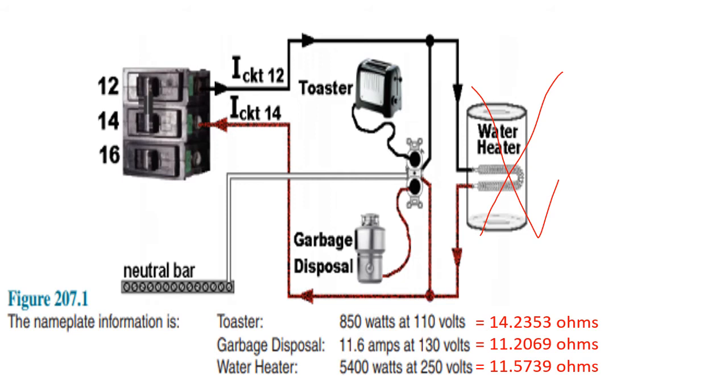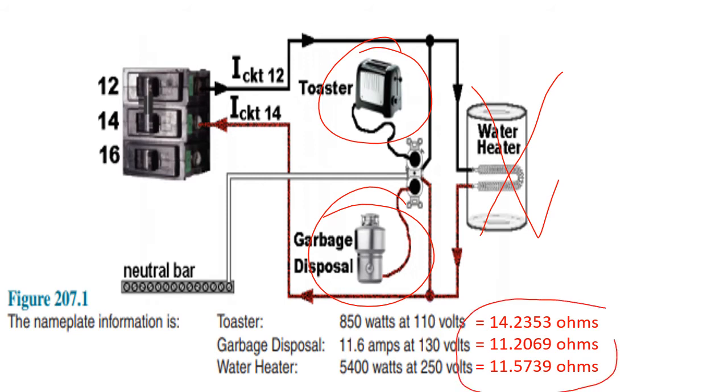So in reality, what we need to keep in mind is the toaster's voltage, the garbage disposal's voltage, their resistance, and their amperage as we determine how this works. Now, these ohms were based on the rated voltage, not anything applied. With that given, that's its true fixed resistance. Let's apply some math and determine just how many volts we'd see at that garbage disposal if we lost a neutral.